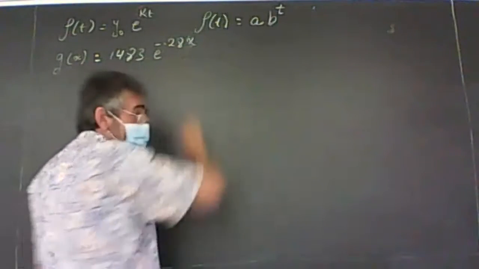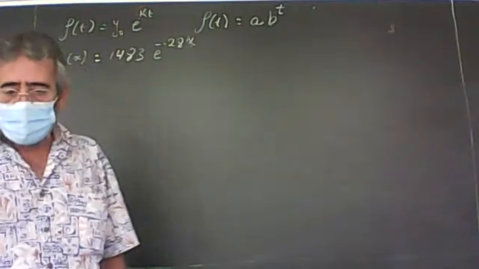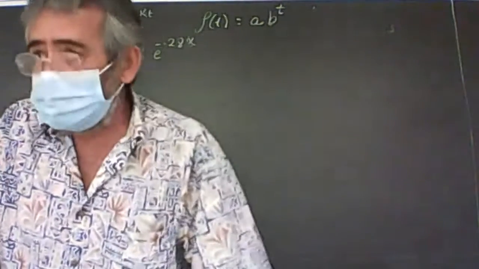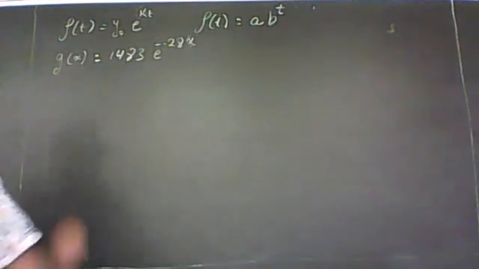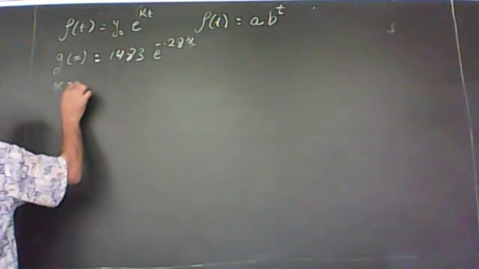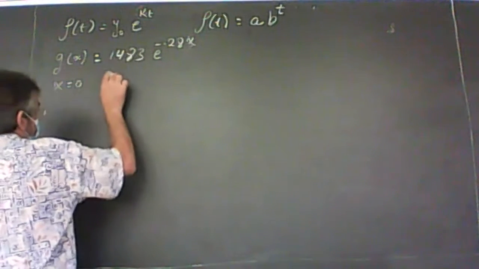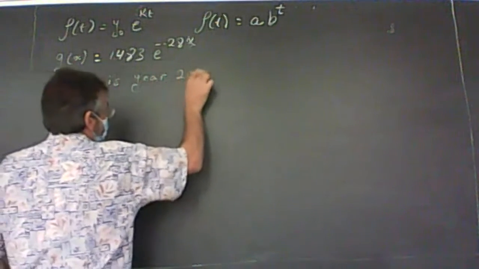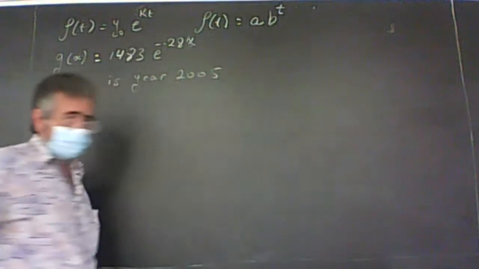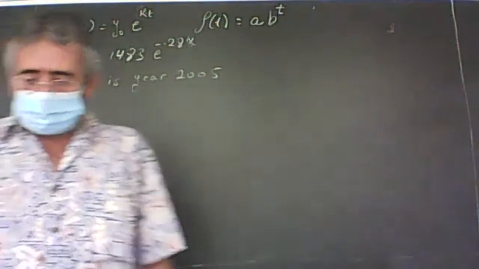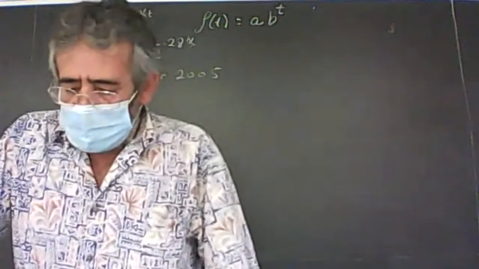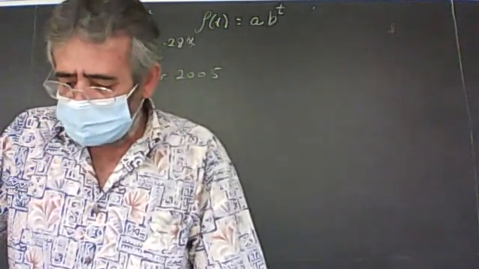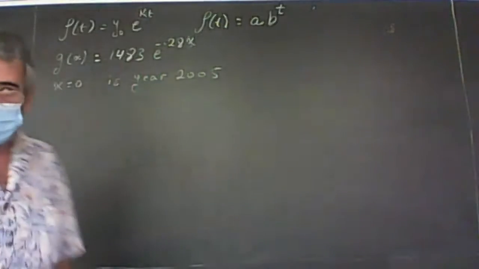Whatever value I put here, that should be in the function. It says, where x equals 0 corresponds to the year 2005. So x equals 0 is year 2005. It says find the number of houses sold in 2008.